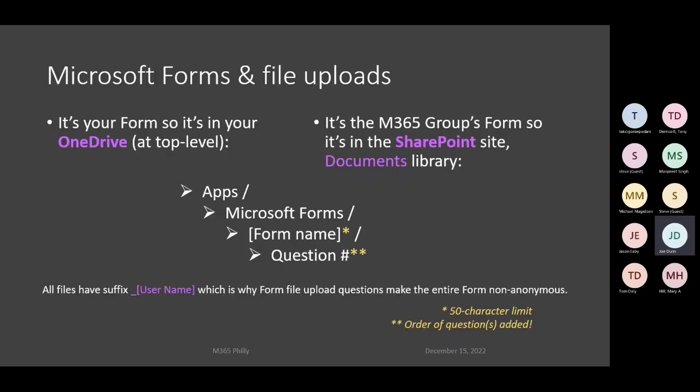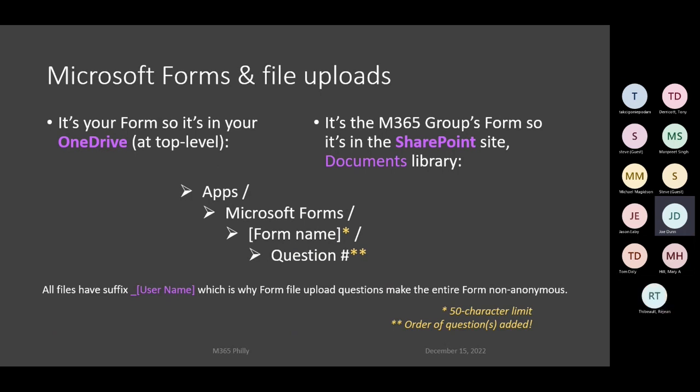And then just to point out how all of those workspaces that were in the previous architecture slide work together, and Stream is coming into it. More and more things are being stored in SharePoint and openly. Microsoft Forms added the ability to upload files as part of the questions.